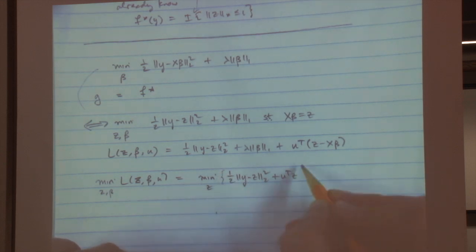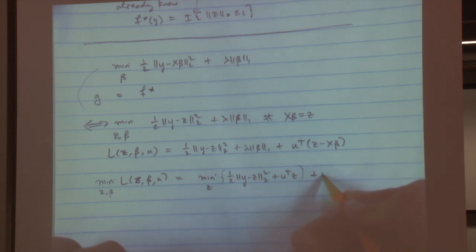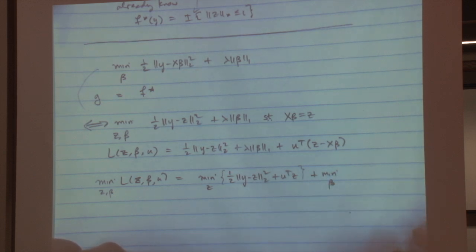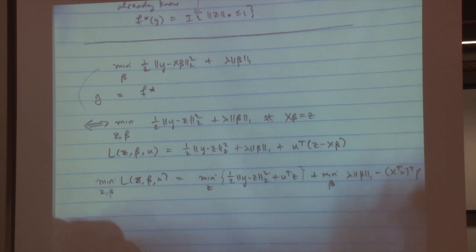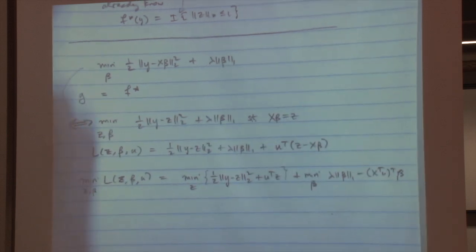So what is that? It's a quadratic. We can do that one, no problem. We'll come back to that. Plus the minimum over all beta of something, and that looks like this: lambda times the L1 norm of beta minus x transpose u transpose beta. So I've just split it up into two separate minimizations because it can be decoupled that way.